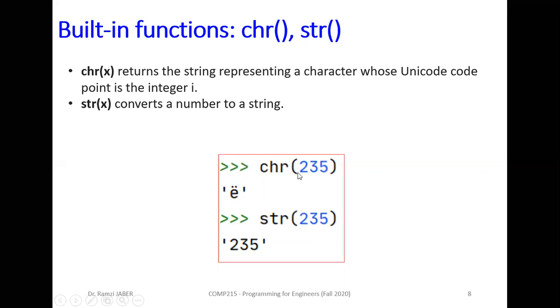It's like a pointer in memory, like an ASCII code. chr will give you the characters on the keyboard, whereas str(235) will convert the number to a string only. Okay?